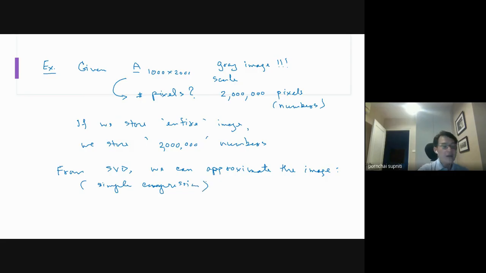So let's say how many eigenvalues are there here? If we have a 1000 times 2000 matrix, how many eigenvalues are there? It's going to be equal to 1000, right? So let's say that we only store up to rank equals 10.